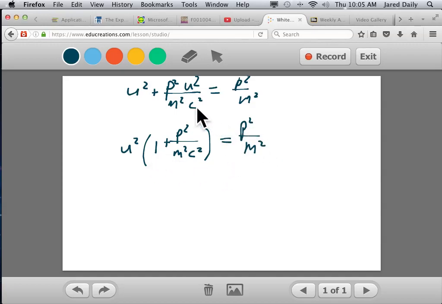And then I'm going to divide both sides by this polynomial here. I'm going to get u squared equals p squared over m squared, divided by 1 plus p squared over m squared c squared.